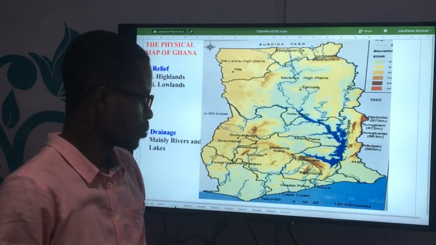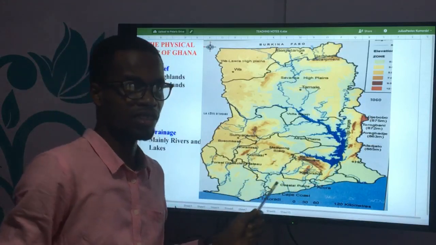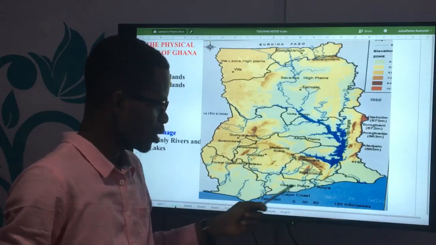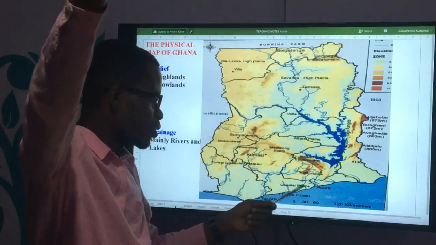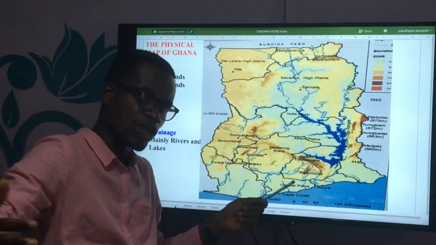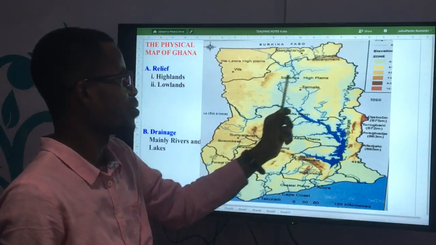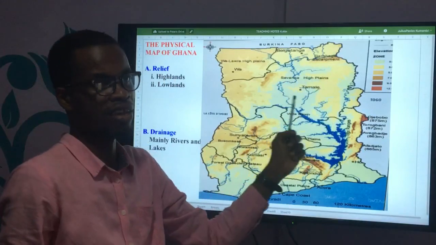So if you are moving from Accra to Aflao, you are likely to pass by the Accra Plains. We also have the coastal plains when you are visiting Cape Coast. So plain, the flat extension of land around or close to the coastal areas. Then we can have the savanna plains when you get to the northeast area.